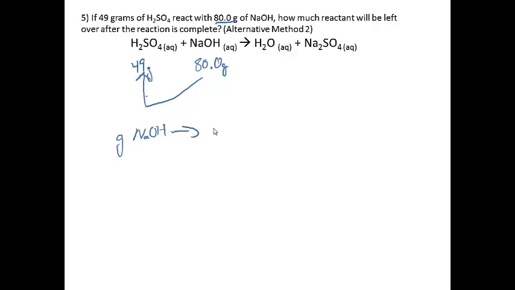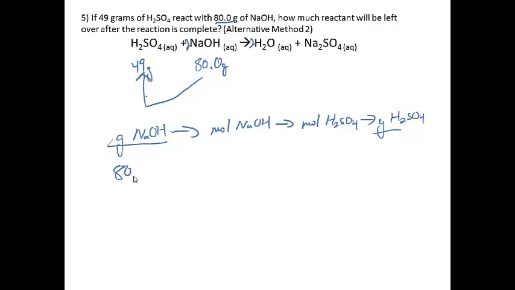I can convert that to the moles of NaOH through the periodic table. From there, I can use my molar ratio to get 2, just like in the previous one, to get to the moles of H2SO4, and then I can figure out how many grams are in that H2SO4. So in other words, if I have 80 grams of NaOH, how many grams of H2SO4 do I need to mix with it?